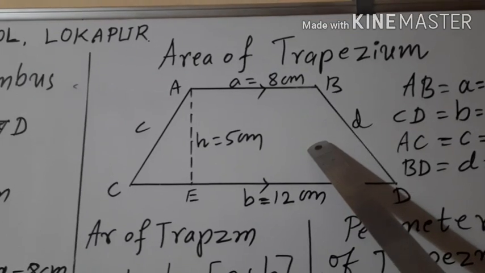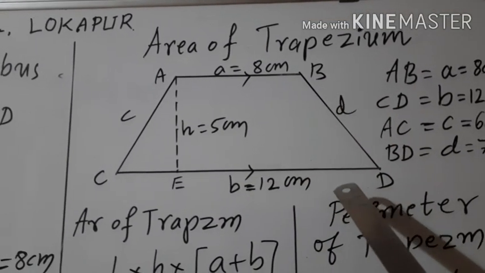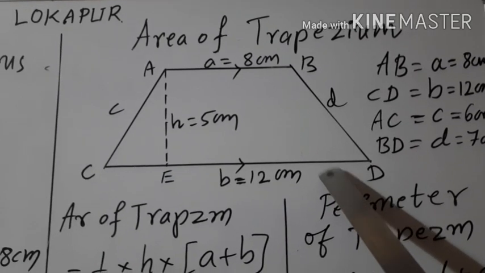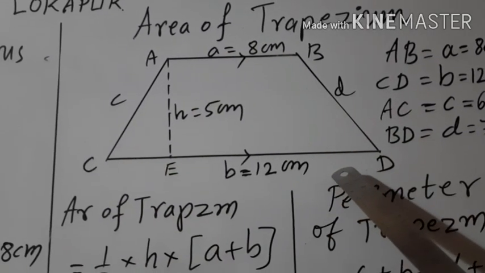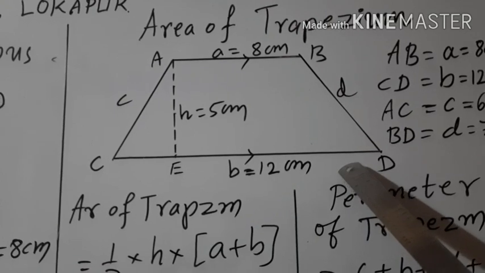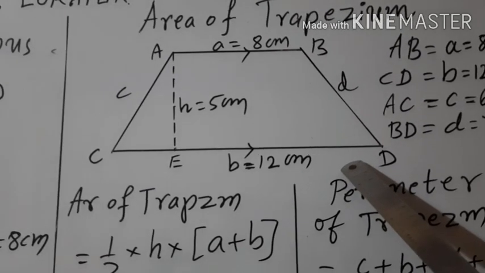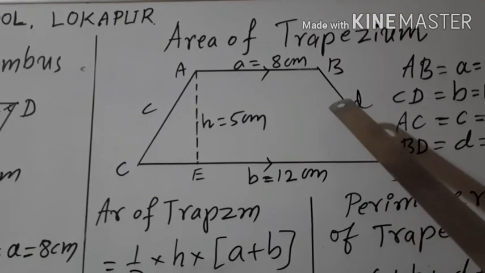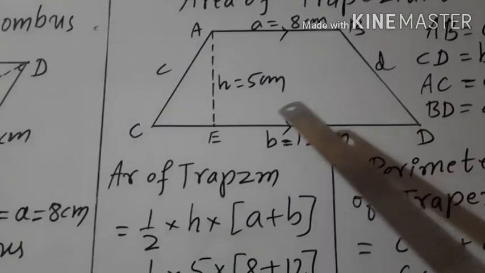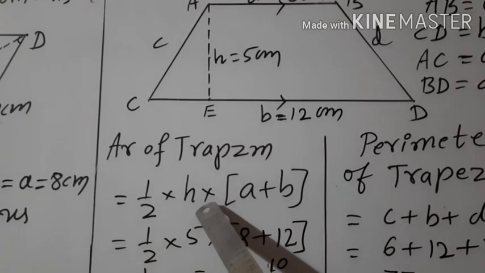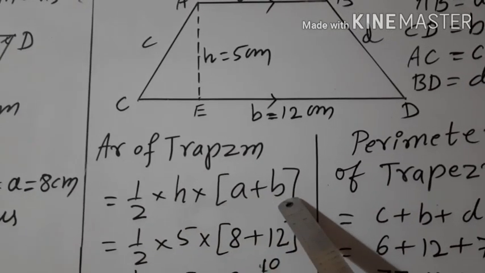Understand? So here children, AB and CD are not equal sides, but they are parallel sides, right? And AC and BD are the other opposite sides, they are not equal and not parallel, right? So we have to find the area of the trapezium. To find the area of the trapezium, we have the formula half into h into bracket a plus b.